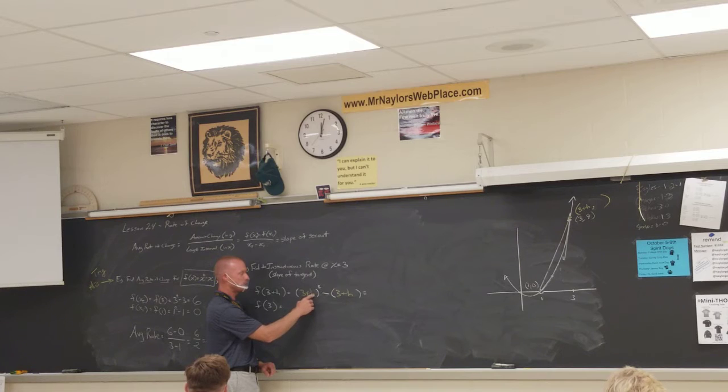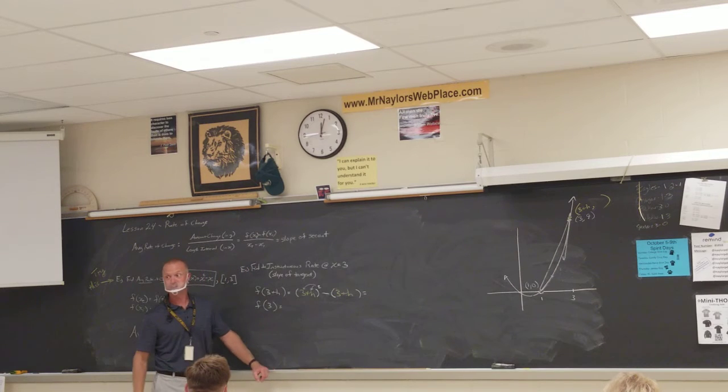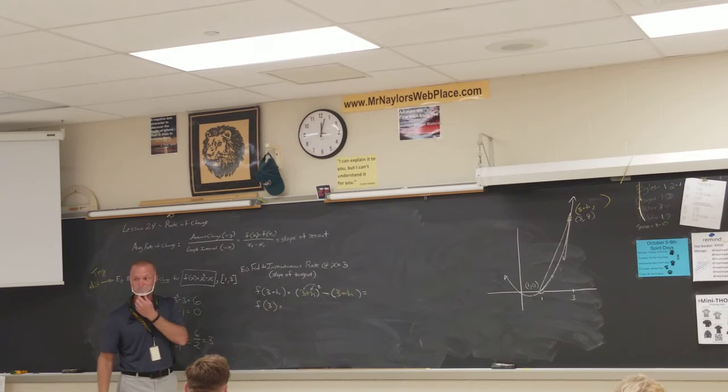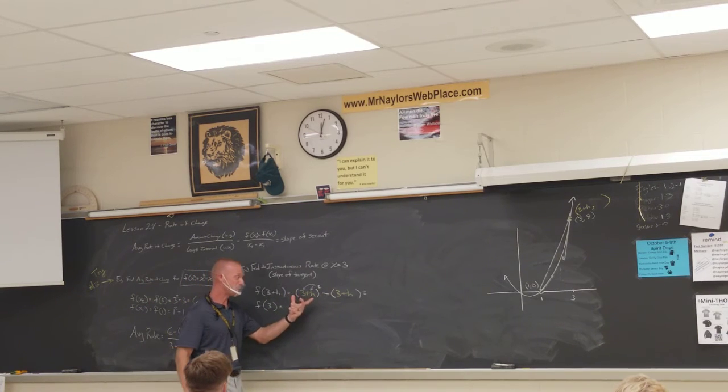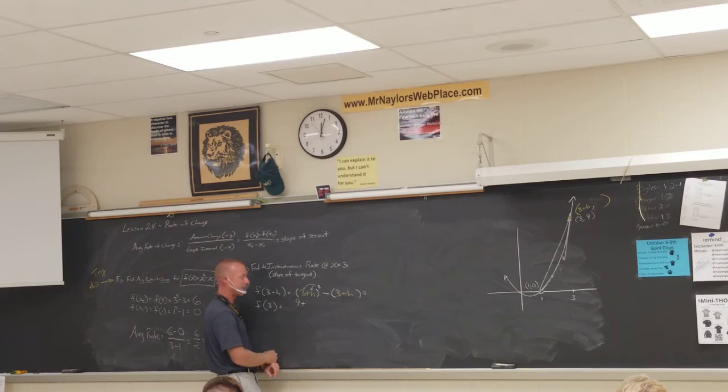Now, do 3 plus h squared carefully, please. Do not do this. If you've had me before, I've said that's a math teacher's nightmare. Maybe I already said it this year. That's a math teacher's nightmare. Do not square 3 and h, but you can square 3 and get 9. You can multiply these together and double it to get 6h, and you can square h to get h squared.